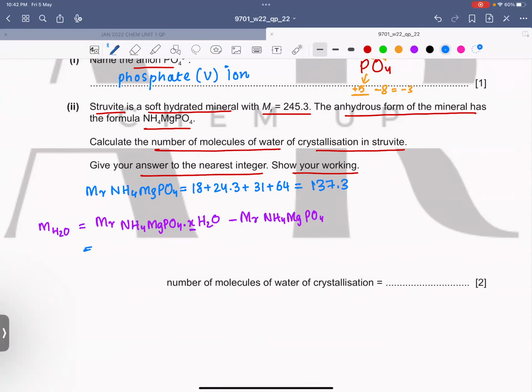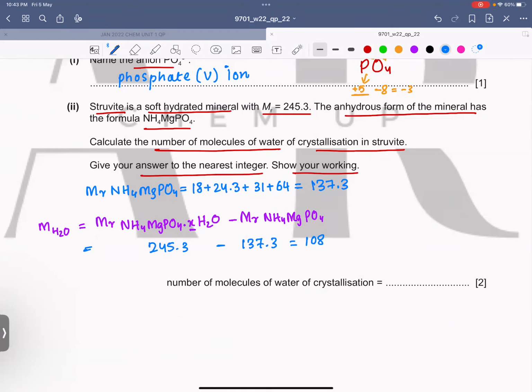So its MR is 245.3 minus 137.3. Yes, can anybody tell me the answer, please? 108.